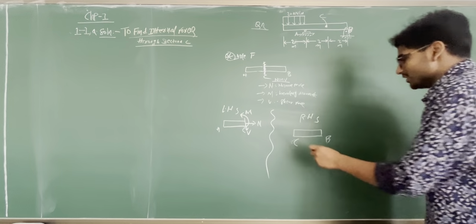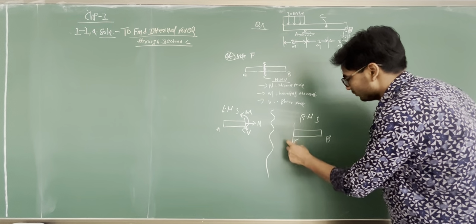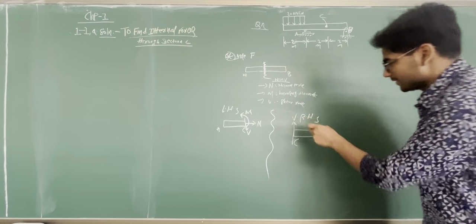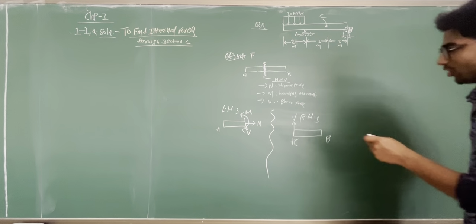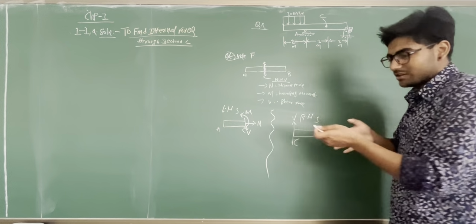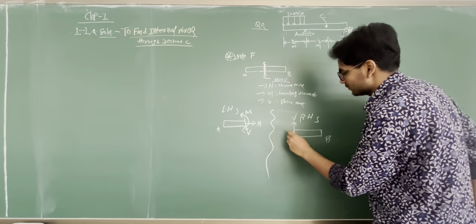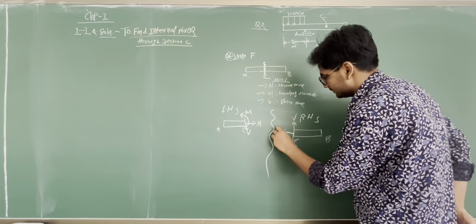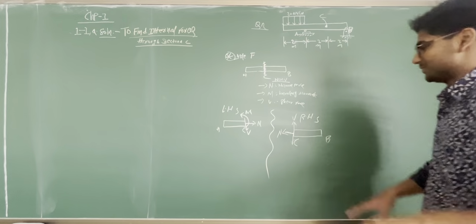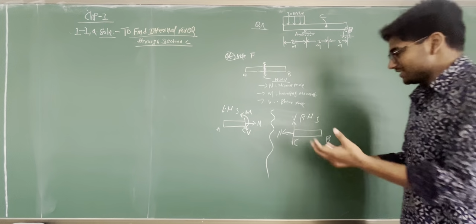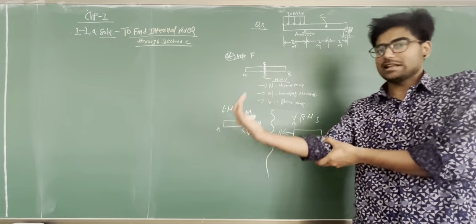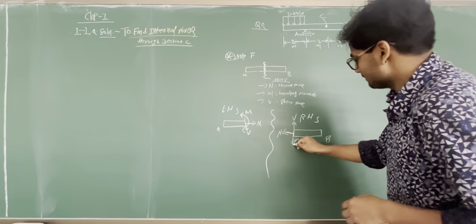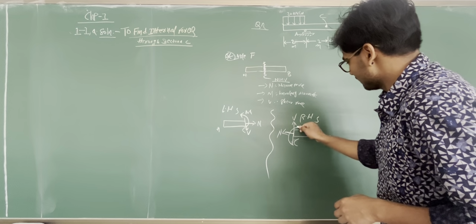On the right side, the shear force V is upward, like this. And the normal force is the reaction force. Where we cut, there is a normal force, so normal force N will be here. My writing is not good, so please don't mind. And since it is the right side, the bending moment will be like this.